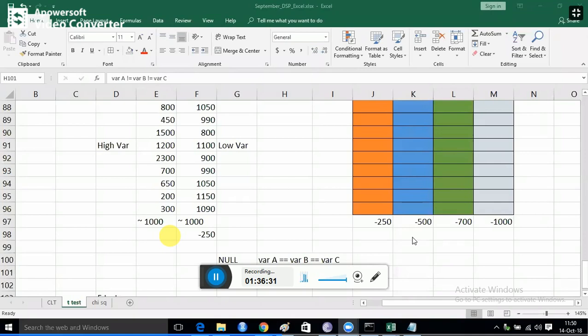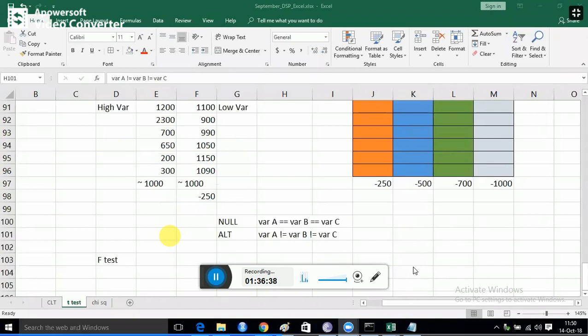When will F test value be high? When the variance will be high. High means unequal. Unequal variances between these three groups, which means my F value will go up. When the F value goes up, my F test is successful. So for F test to be successful, what do we have to do with null hypothesis? Reject, right?